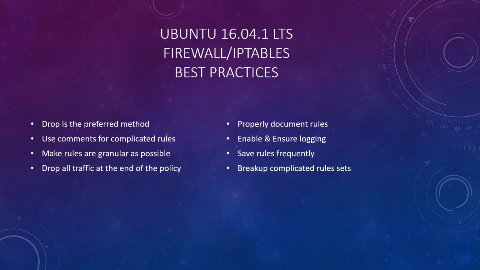Before implementing those drop rules, you want to make sure all the other rules are out there, validated and working properly. You want to use comments for complicated rules. If you have a really long rule and don't comment on it, you're probably not going to remember what half that rule was supposed to do. So it's always good to make that notation there. You want to make the rules as granular as you can.